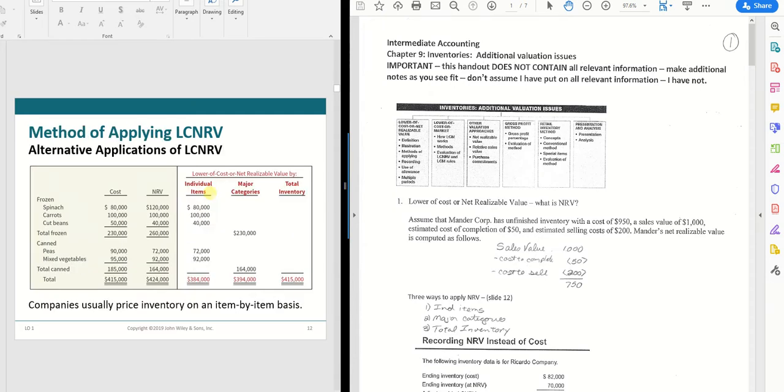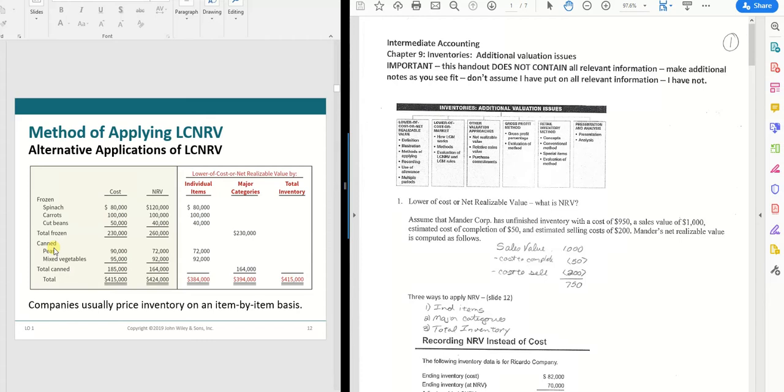Okay, the next thing as far as applying the lower of cost or net realizable value, the question becomes, do you apply it to individual items? So if you notice, you can go through these. I've got frozen foods and canned foods, but I also have total inventory, which is comprised of frozen and cans. And within each category, I have individual items.